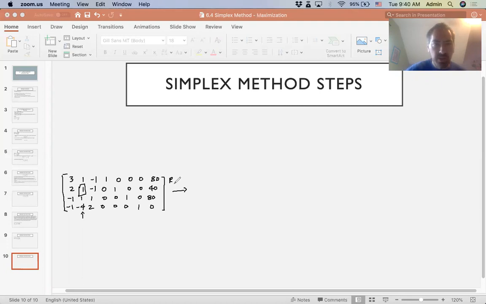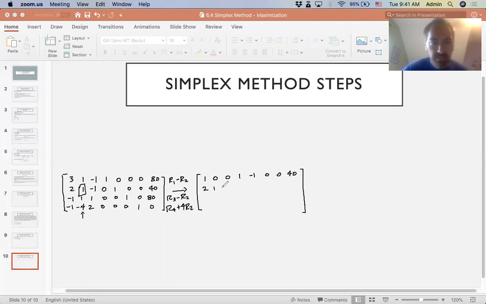I'm going to take R1 minus R2, R3 minus R2, and then R4 plus 4 times R2. So I'm just subtracting R1 minus R2. 3 minus 2 is 1. 1 minus 1 is 0. Negative 1 minus negative 1 is 0. 1, negative 1, 0, 0. 80 minus 40 is 40.